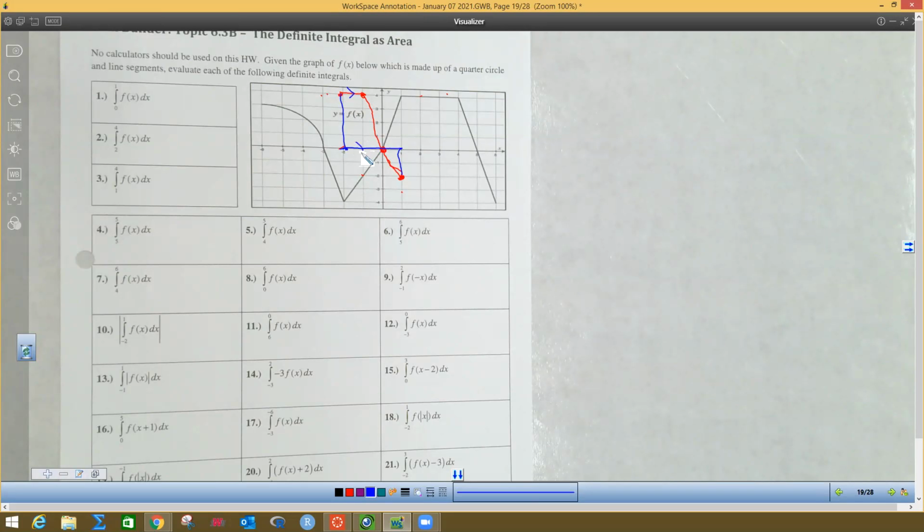That base is parallel to that base, and this is my height of 4. This base is 2, that base is 1. So I'm going to get 1 plus 2 times 4 all over 2 plus, I want this little triangle here, that's 1, this is 2. But it's underneath, so it's actually a -1/2 base times height. So let's see, those reduce to 2, so that's 6 minus 1, that should be an area of 5.